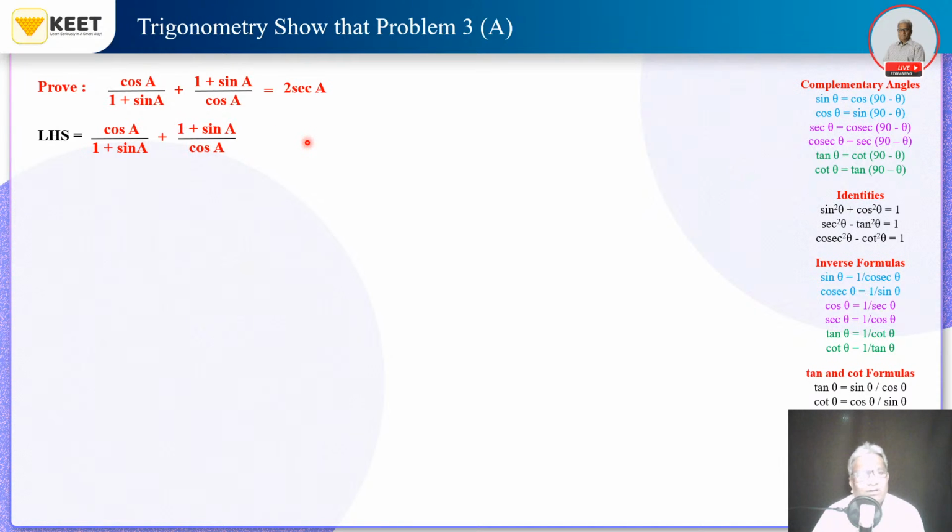So we will just have a color for it. Okay, so cos A and cos A are colored as green, and 1 plus sine A and 1 plus sine A are taken as blue.